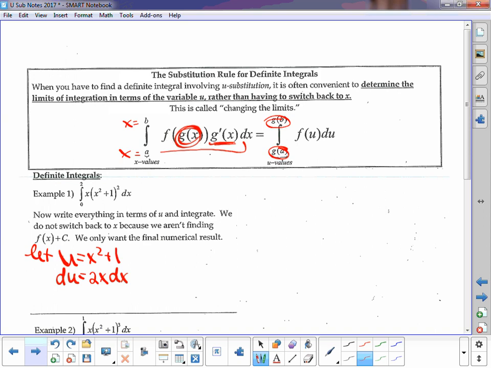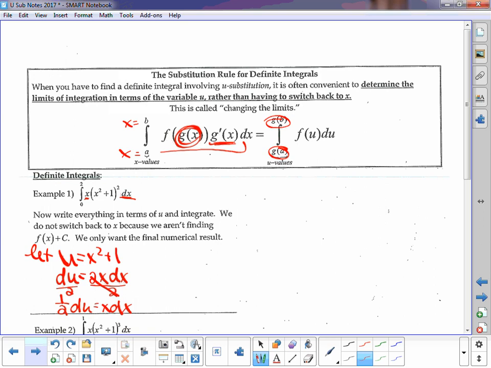Now, I need to go ahead and look. I see I have x dx. So whether you want to multiply in that 2 and 1/2, or just divide by the 2 here, whichever you prefer. So I have 1/2 du equals x dx. So again, this is what we've just done before. Questions on that?